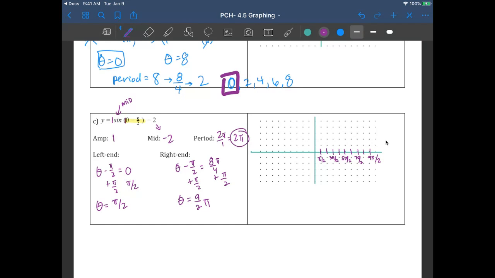And I'm going to go ahead and take my 2 pi, split it into quarters, which gives me pi over 2. So I start with pi over 2. I'm going to add a quarter, which is 2 pi over 2, 3 pi over 2, 4 pi over 2, and 5 pi over 2.